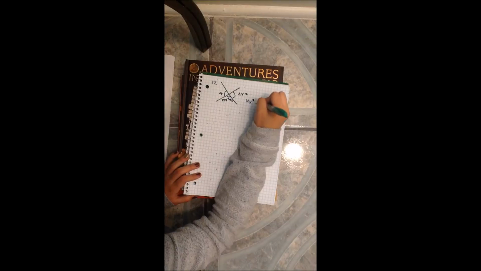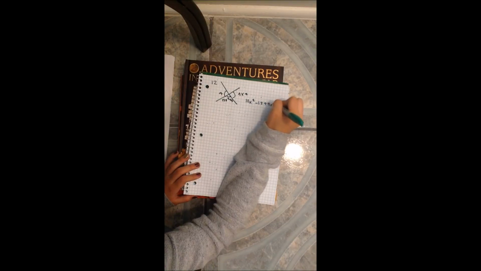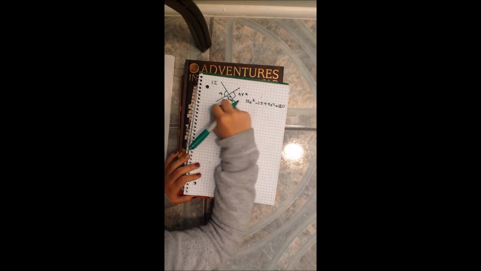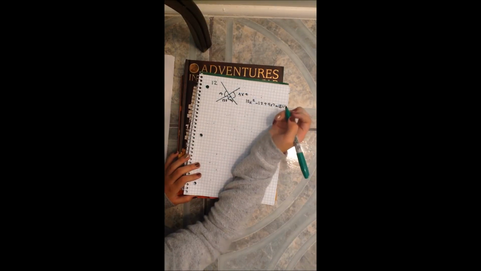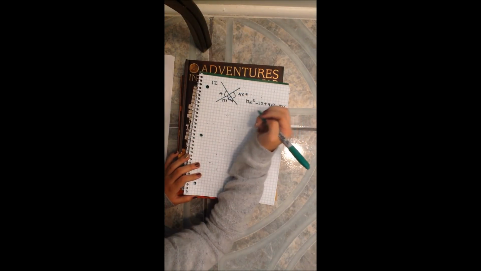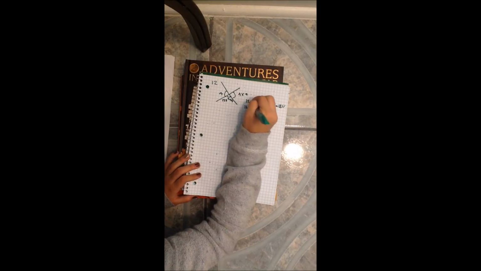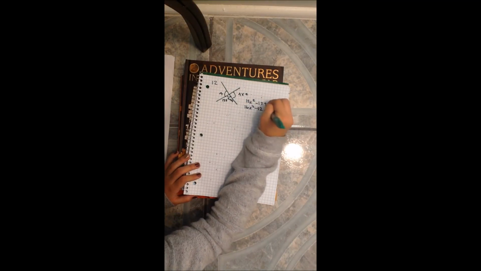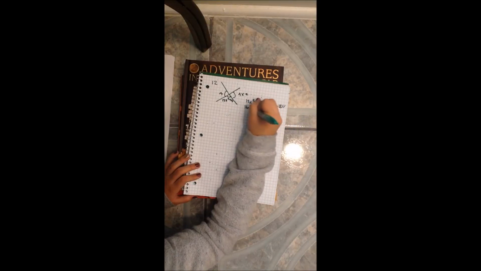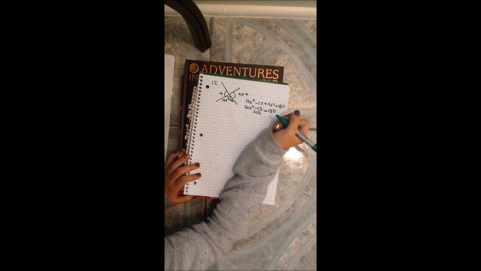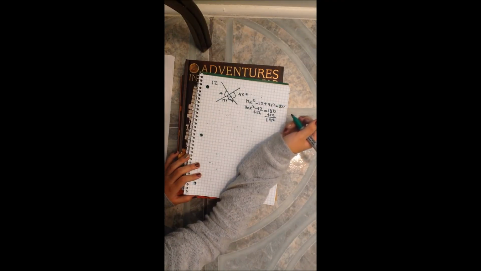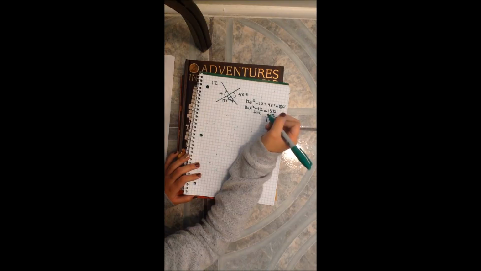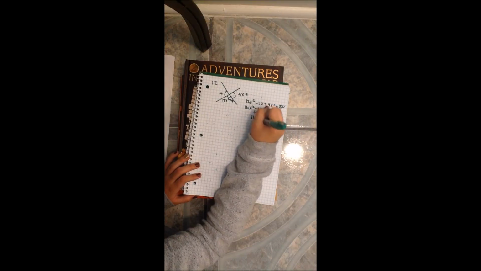minus 12 plus 4x squared is equal to 180, because this side of this angle is 180, so this plus this is equal to 180. And then once you simplify it, it should be 16x squared minus 12 equals 180. So plus 12, and then plus 12 here, so 192 equals 16x squared.